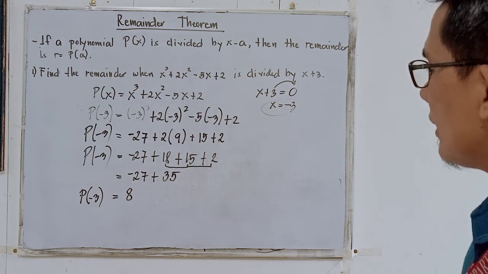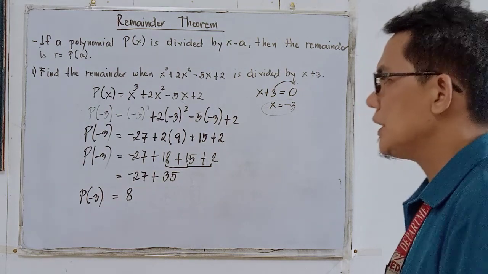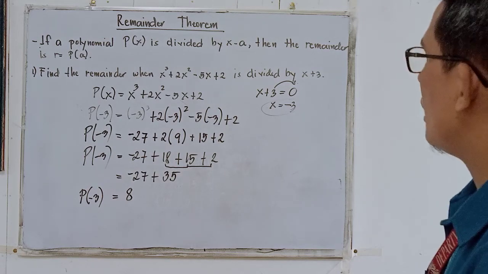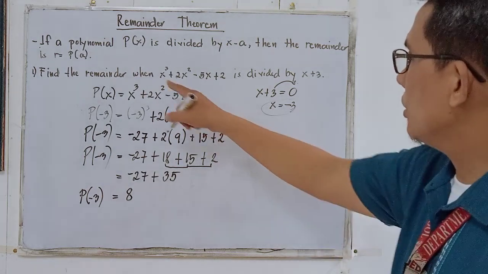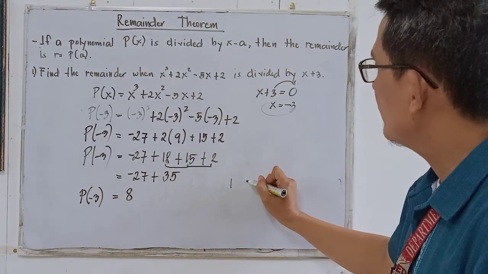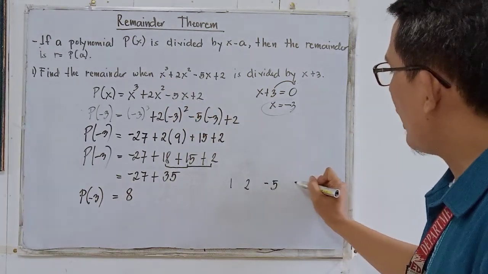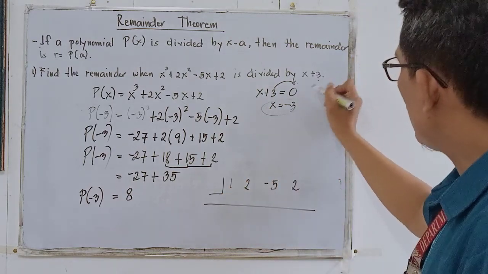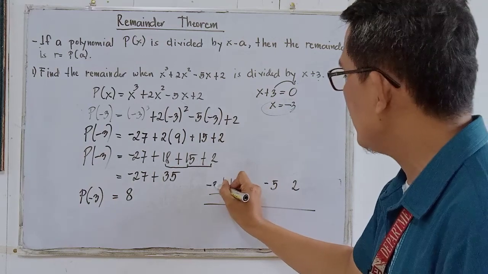Let us compare this using synthetic division to see if we still get 8 as our remainder. We copy the coefficients 1, 2, negative 5, and 2. By using synthetic division, for x plus 3, our divisor is negative 3.